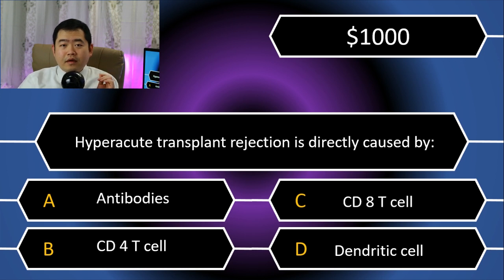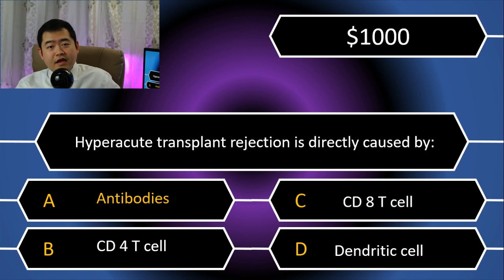So what is hyperacute? That is really quick. Think in terms of which reaction is really quick. I'll give you 5 seconds. I think I've given you enough hint. 1, 2, 3, 4, 5, and the final answer is A, antibodies.